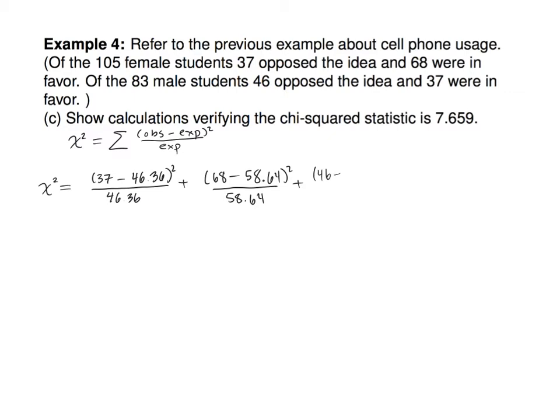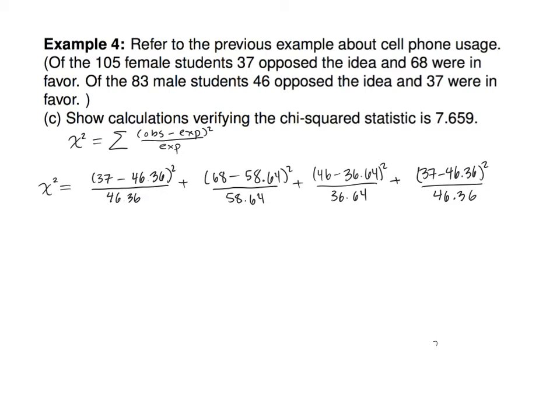We expected to see 36.64, squared over 36.64. And then finally, male in favor, we observed 37. We expected to see 46.36, squared over 46.36. Okay, so there are the calculations for the chi-square statistic.